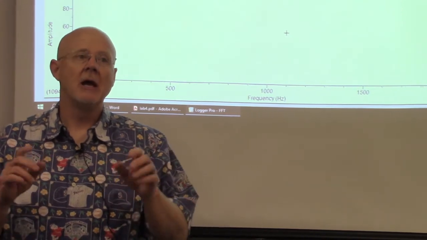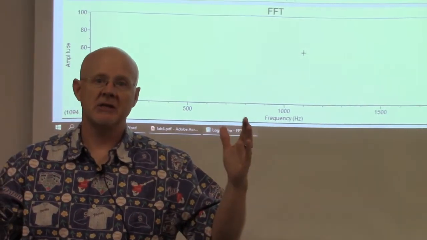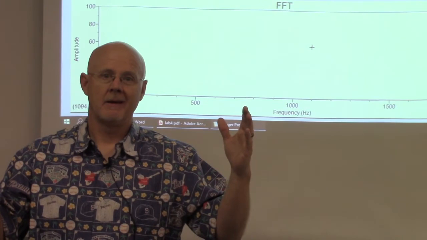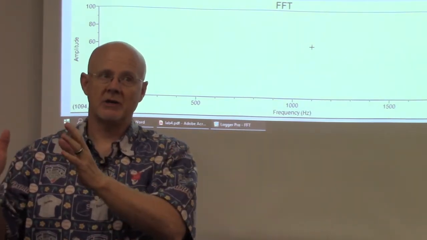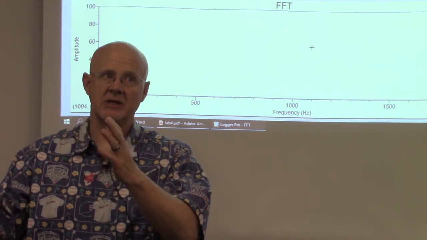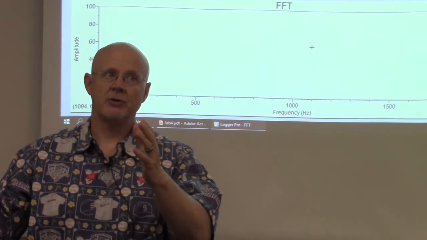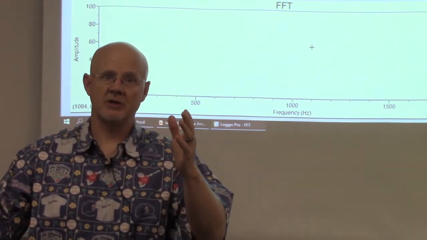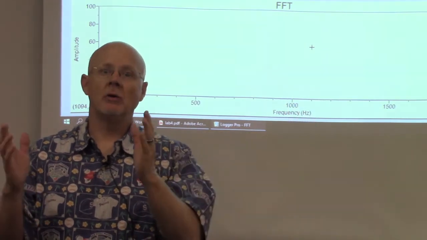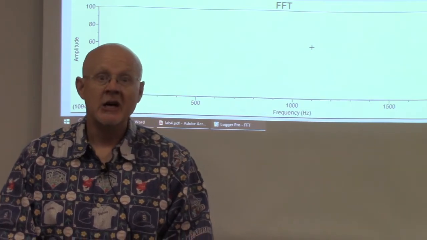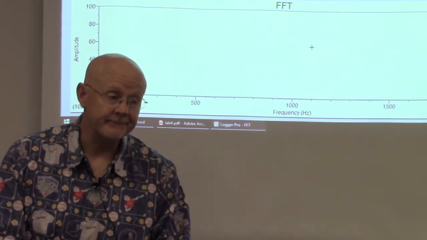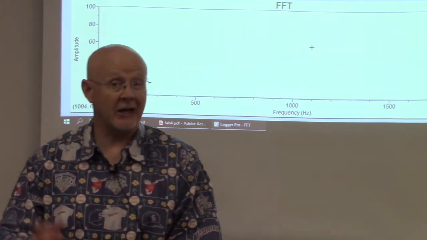So let's say you have a data set with 100 pieces. Well, 2 times 2 is 4, times 2 is 8, times 2 is 16, times 2 is 32, times 2 is 64, times 2 is 128. Oh, too big. So it will only take 64 of those 100 data bits and do a fast Fourier transform on it. So you lose some of your data, which loses in quality, but it does it real fast.